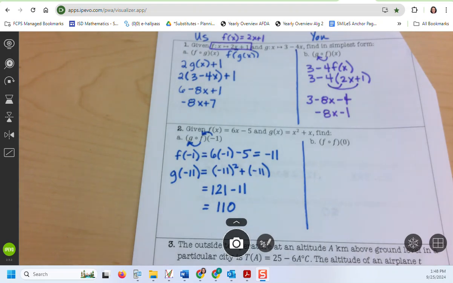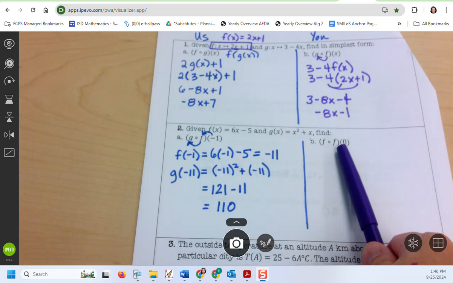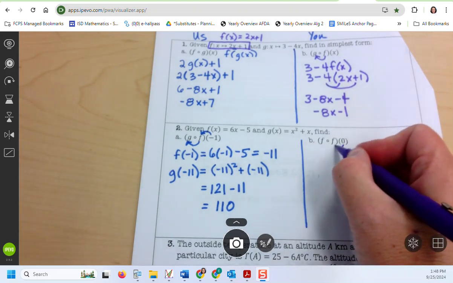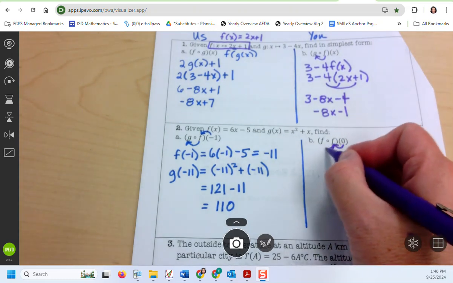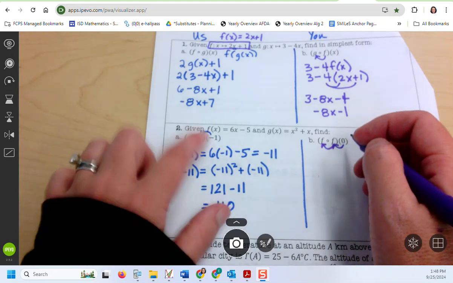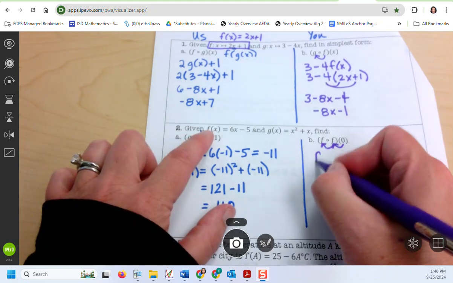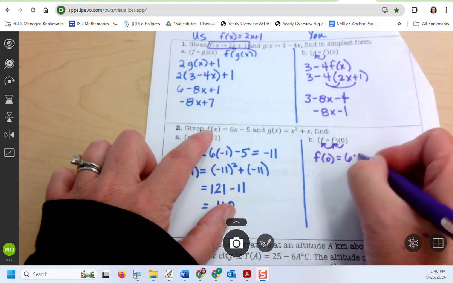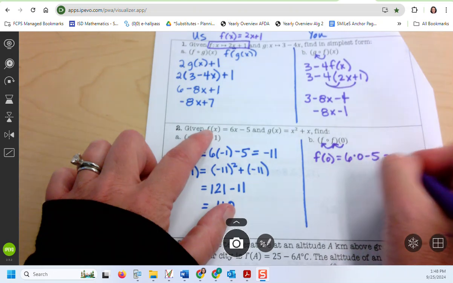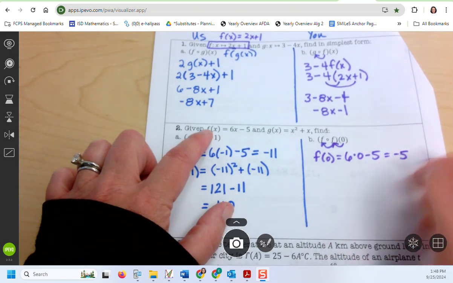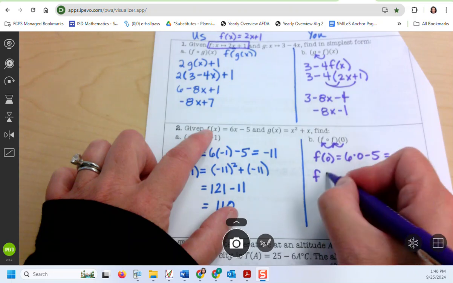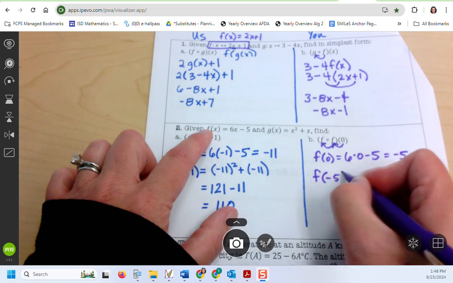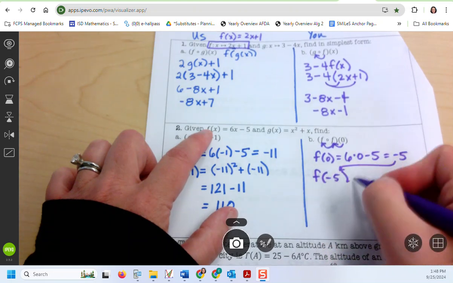Okay, so this one is interesting. It's f of f of 0. So you put 0 into f, and whatever answer you get, you put that into f again. So here's function f. f of 0 is 6 times 0 minus 5, which is negative 5. Then you take that answer, and you put it into f again. So it goes there.